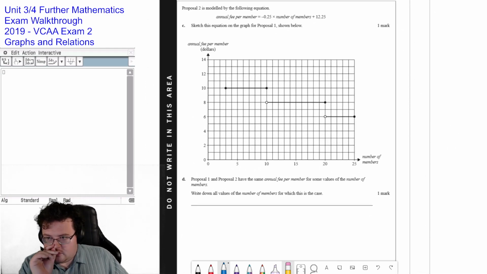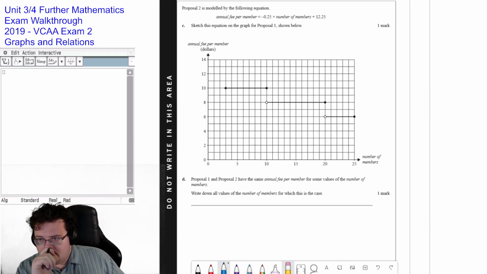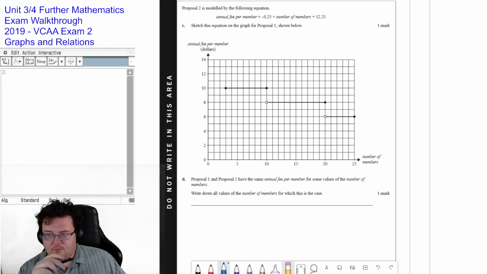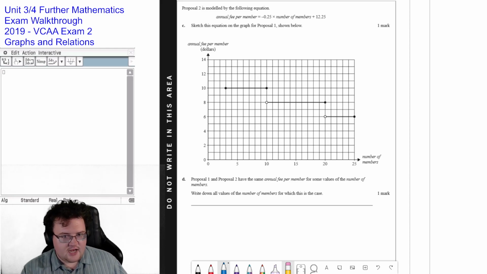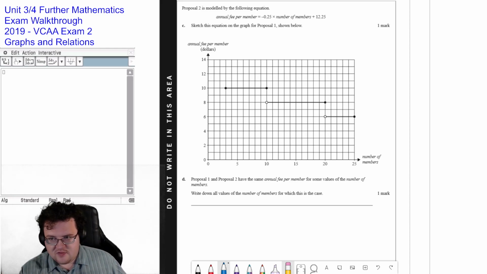Proposal 2 is modeled like this, which we've got here. We've got an equation, negative 0.25 times the number of members plus 12.25. What they want you to do is sketch that and then draw that on the graph yourself.